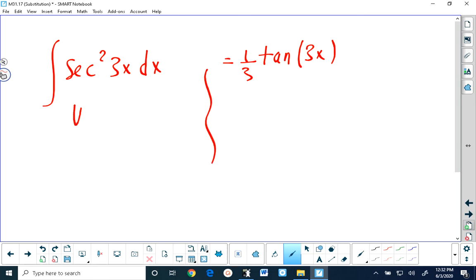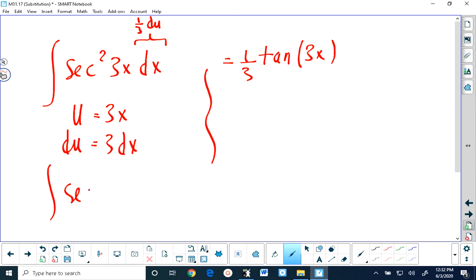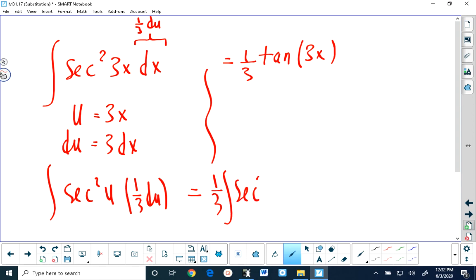Substitution would say u equals 3x, which means du equals 3 dx, which means dx up here is a third du, and your substitution is going to give secant squared of u times a third du, which is 1/3 integral secant squared u du.